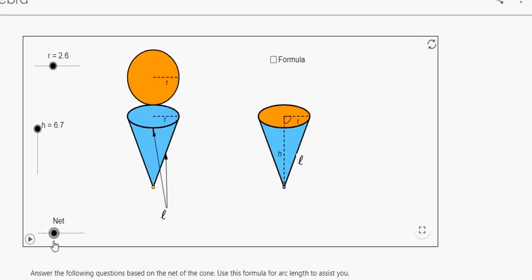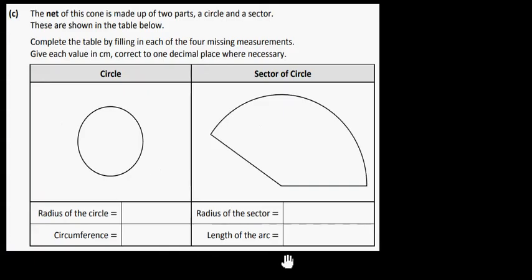It's just the bottom of the cone. So the radius for our circle is the same as the radius for our cone. The radius of our cone was 5 centimeters. So the radius of our circle here is also 5 centimeters.